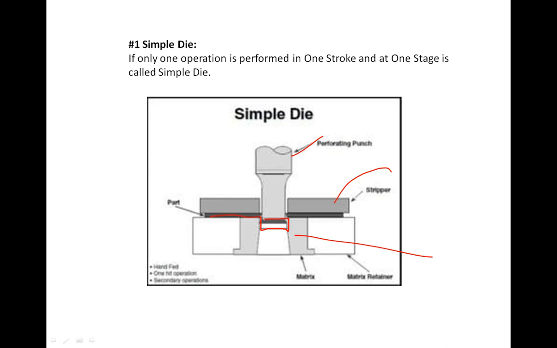This punch will pierce the hole. So only one operation, perforating operation, you are going to carry out. That's why this die is known as a simple die. Only one operation is performed in one stroke of the ram. This is the ram or punch. In one stroke of the punch, you are carrying out only one operation at one stage. It's called a simple die.